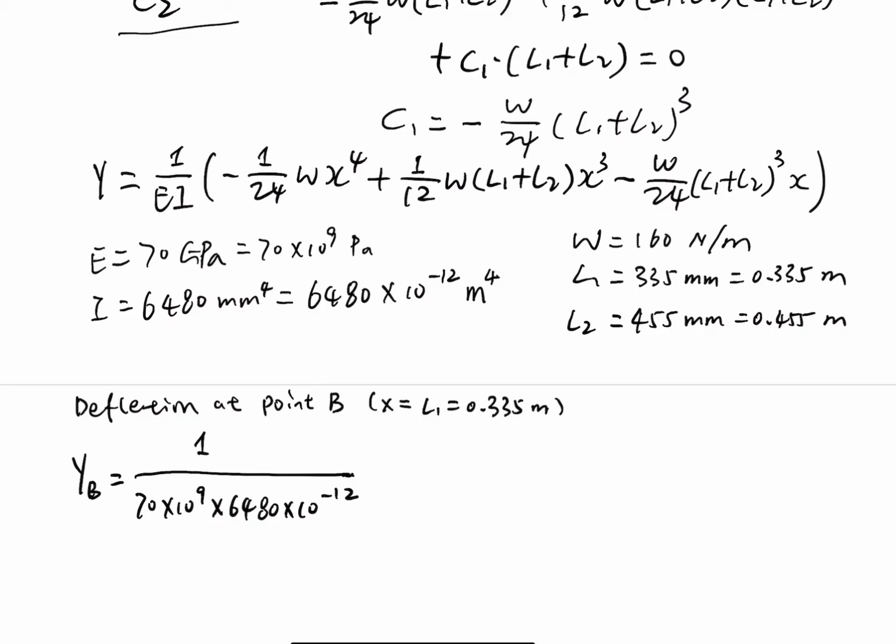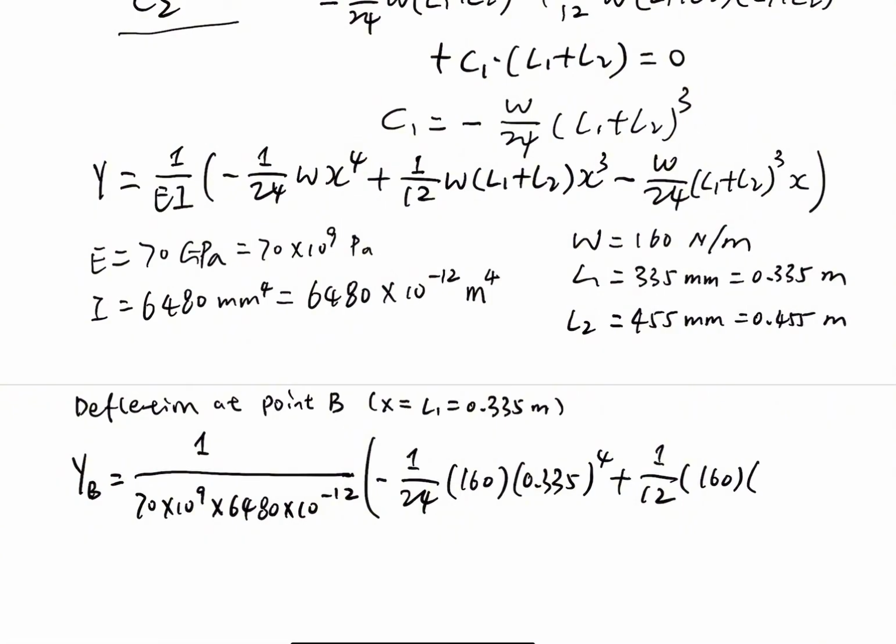Then inside the bracket, first 1 over 24 times W, 160, times x, which is L1, 0.335, to the 4th power. Second, 1 over 12 times W, 160, times (L1 plus L2), which is 0.335 plus 0.455.